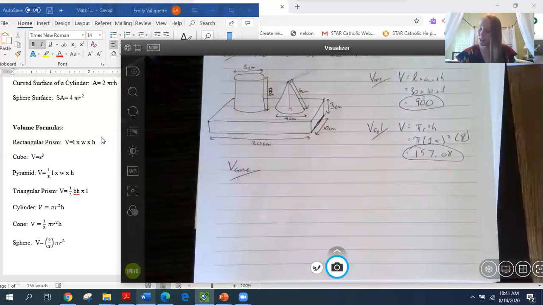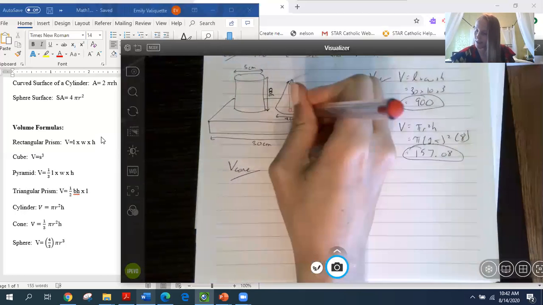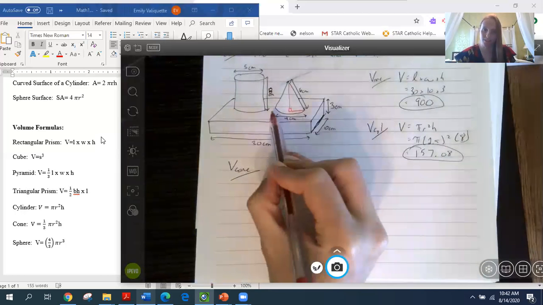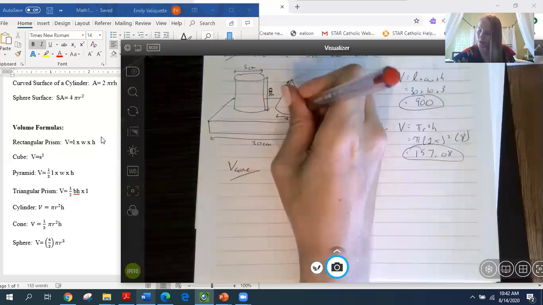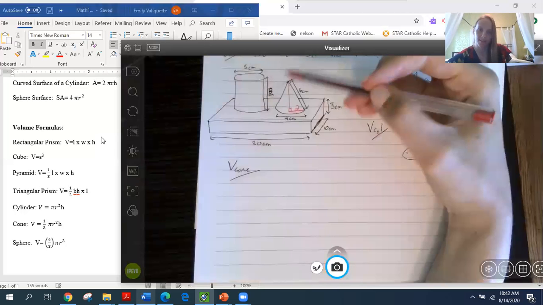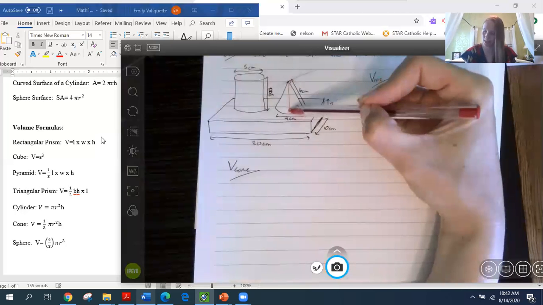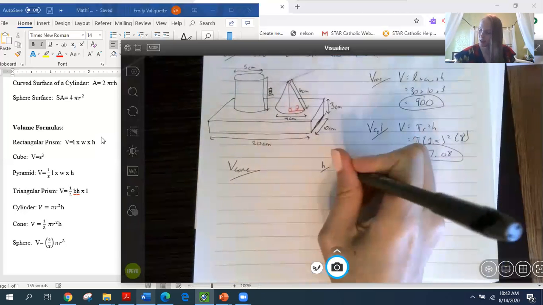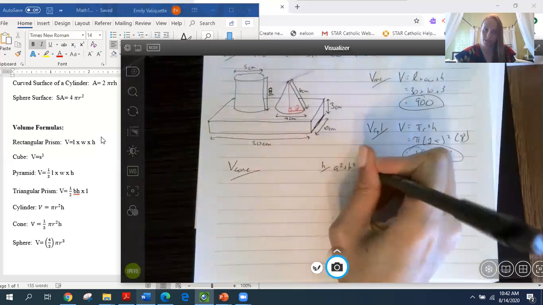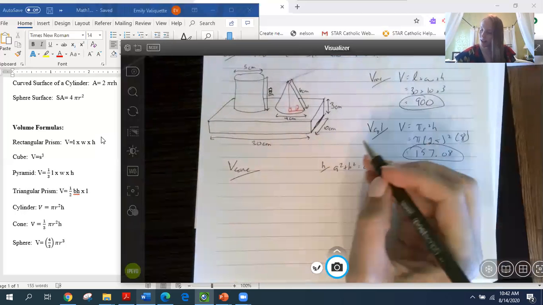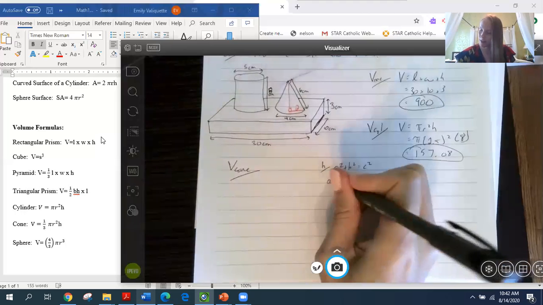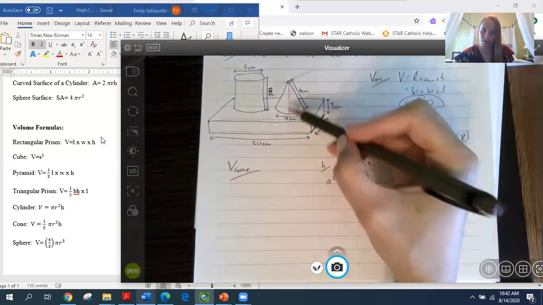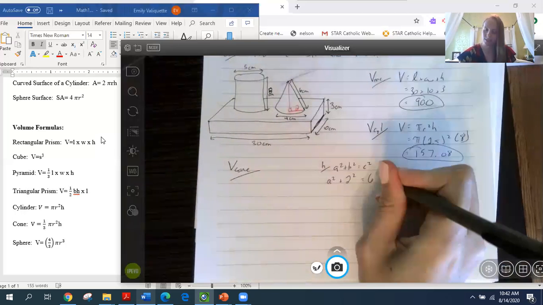So to do that, I'm going to make a right triangle like so. The base of this triangle is half of the entire diameter, so that is 2. And then I can use the Pythagorean theorem to solve for my internal height. So a squared plus b squared equals c squared, where I don't know my a squared. My b squared is 2, and my c value is, of course, my hypotenuse, which is 6.